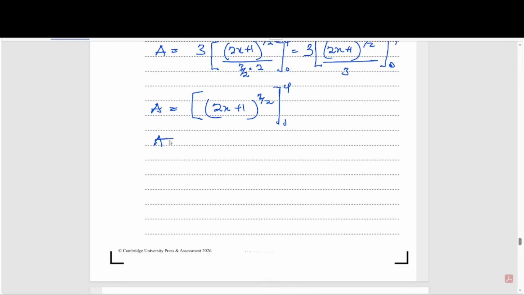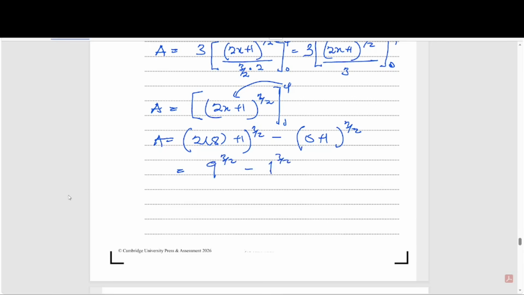The area is equal to replace x by 4 into this function: we have 2 times 4, which is 8, and then plus 1, all exponent 3 over 2, minus 2 times 0, which is 0, and then plus 1, all exponent 3 over 2. Then we have area, so inside the brackets 9 exponent 3 over 2 minus 1 exponent 3 over 2.